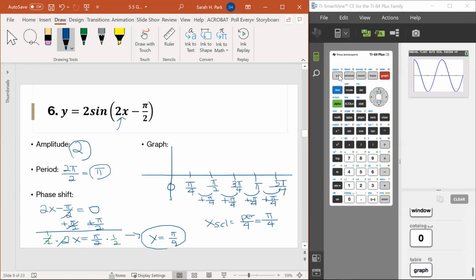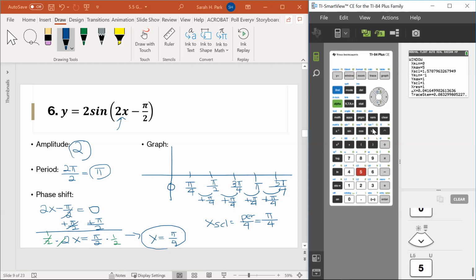Okay, so let's take a look at this graph. Y equals 2 sine of 2x minus pi over 2. And then go to our window. I'm going to change the x minimum. I'll make that 0 again. I'll make my x max 5 pi over 4. X scale is pi over 4. My minimum is going to be -2. This is because my amplitude is 2. And we hit graph.